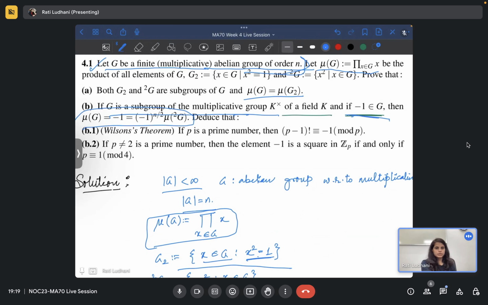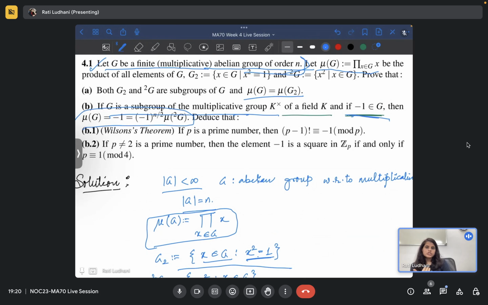We have no restriction on K, but G should be a finite multiplicative subgroup of order n of a multiplicative group K star where K is a field and -1 belongs to G. So this is true in general. If this is the case, then mu G is equal to -1.